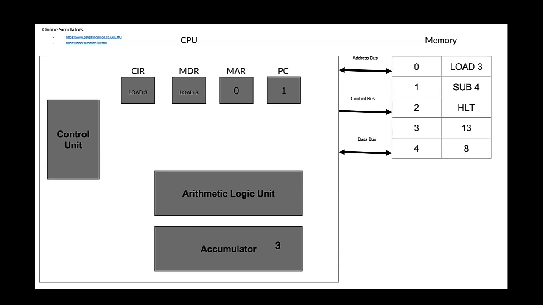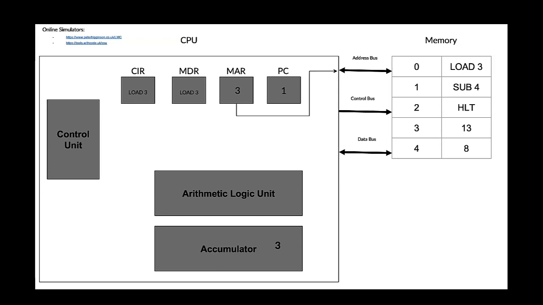And let's see what's happening in the last stage, which is the execute stage. The 3 in the load 3 instruction that we fetched and the control unit decoded is an address. So it will be copied to MAR and MAR will be updated. Then a signal is sent to retrieve the data stored at memory location 3.